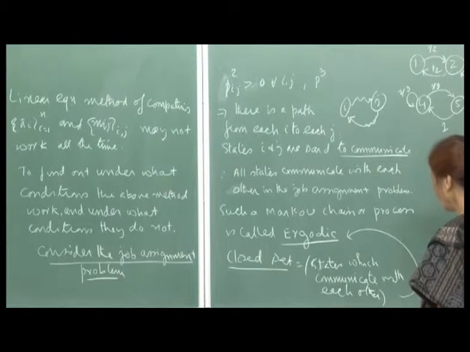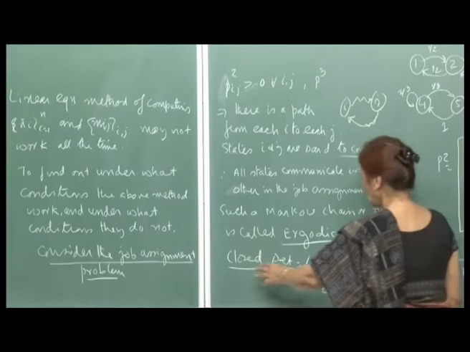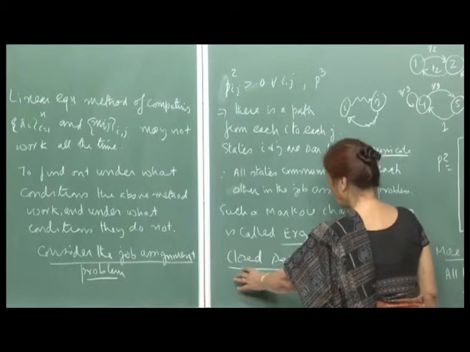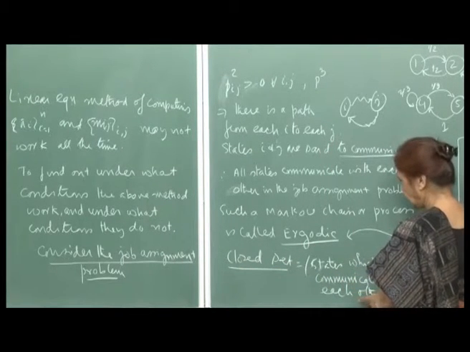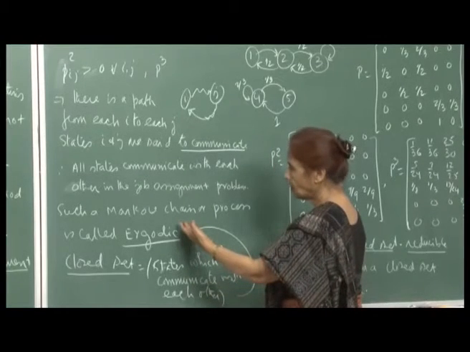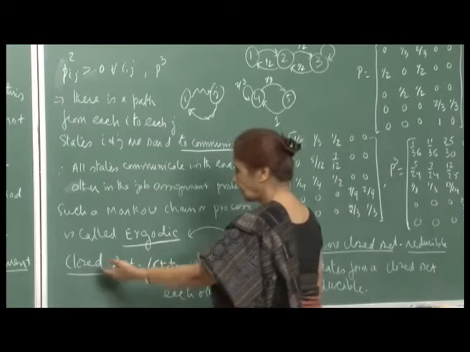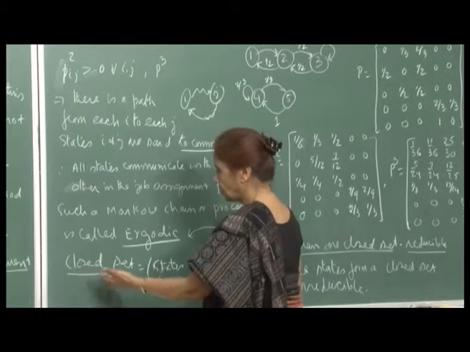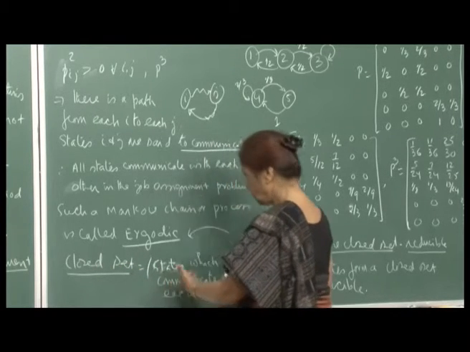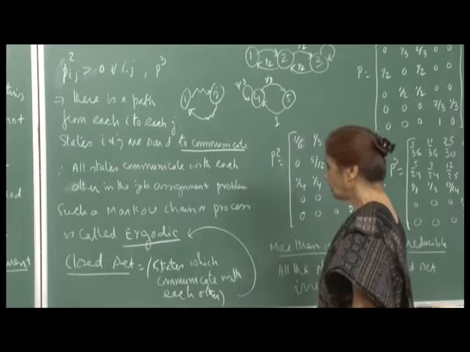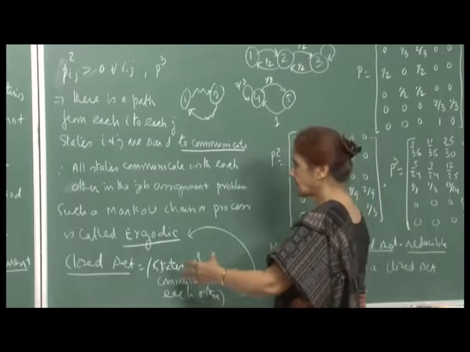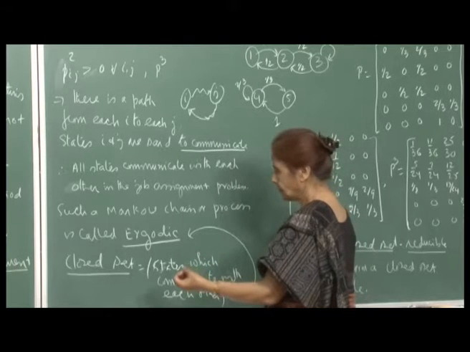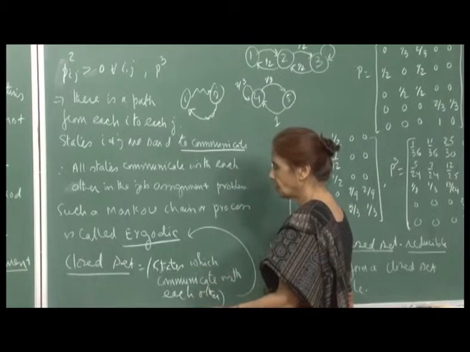But first, we will define a closed set as a set of states which communicate with each other, and for the job assignment problem your closed set consists of all the states 1, 2 and 3. But it is possible that you may have 2 closed sets or 3 closed sets, whatever it is. All states may not form one closed set, that means all states may not communicate with each other.